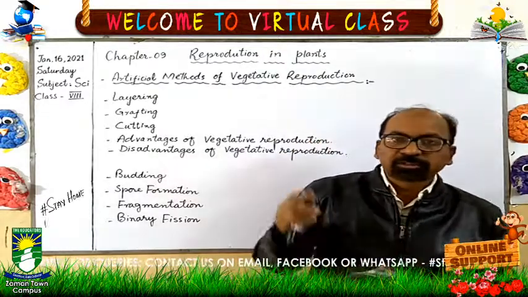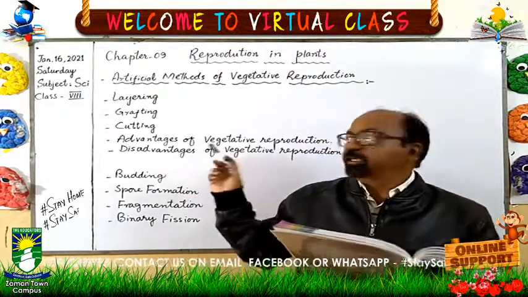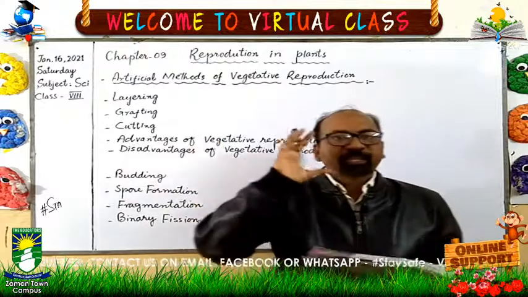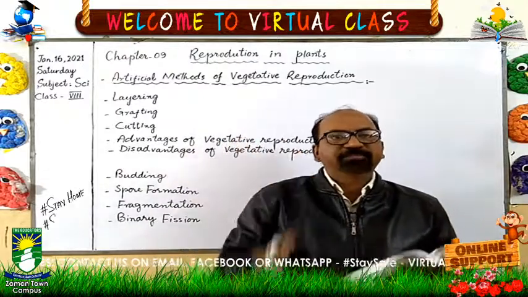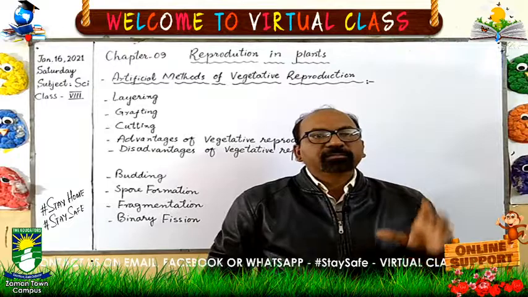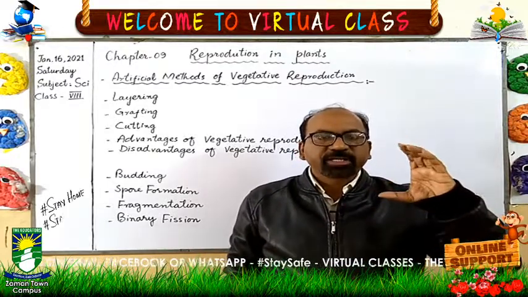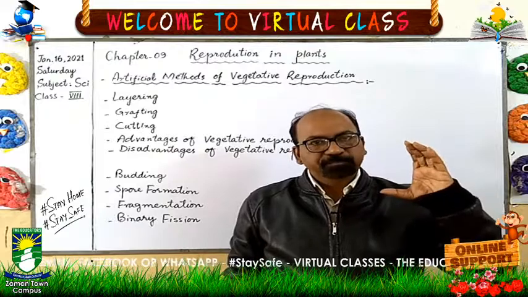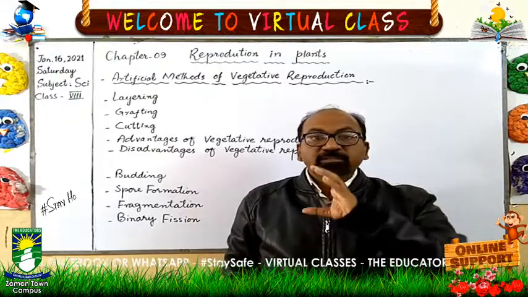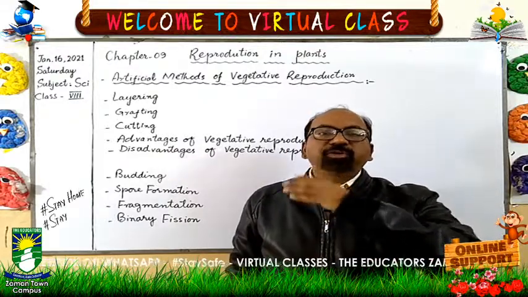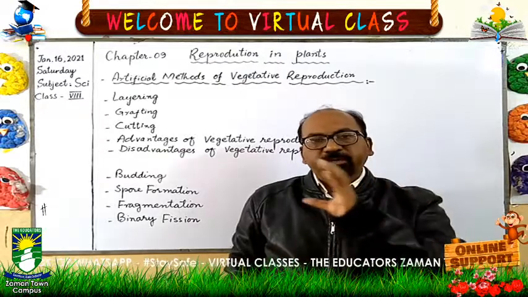Why do we use this method? For example, if we take mango, one plant is giving very big, fleshy and sweet mangoes, while the other is not producing a good variety of mango.